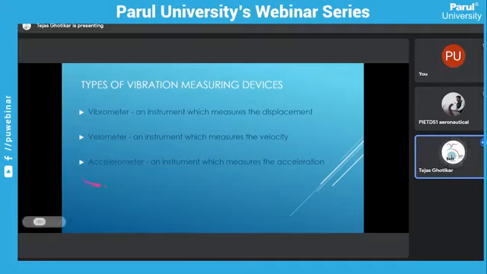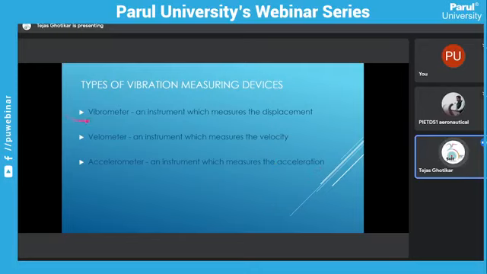Those are some of the classifications of vibration measuring instruments. We have three main types of vibration measuring instruments. The vibrometer measures the displacement, the velometer measures the velocity, and the third one, the accelerometer, measures the acceleration.